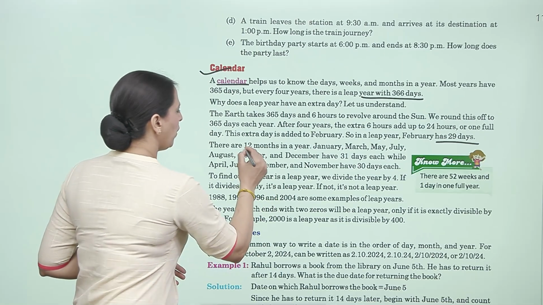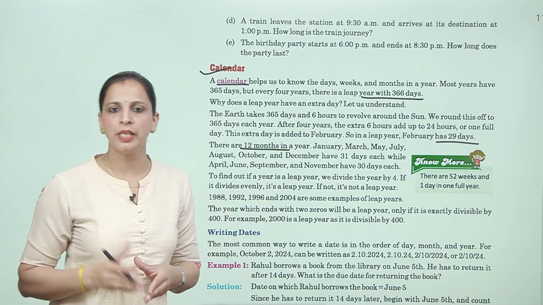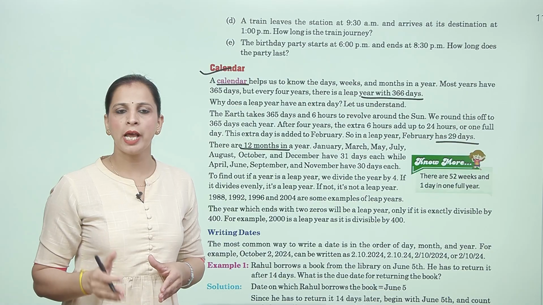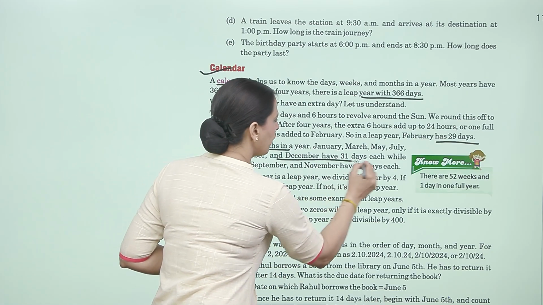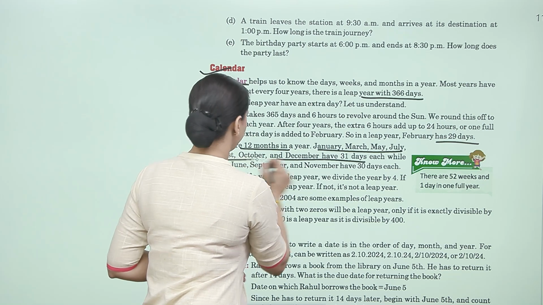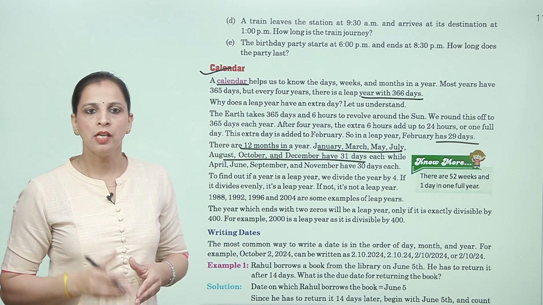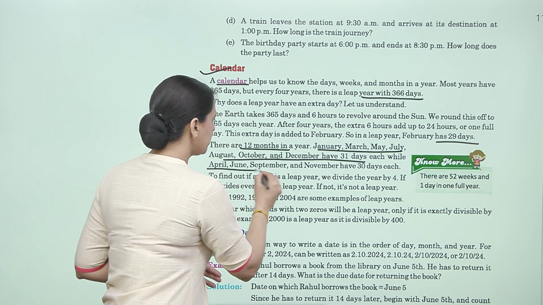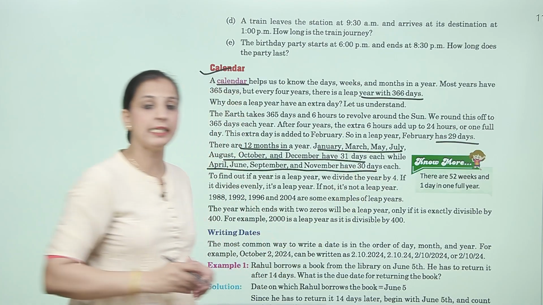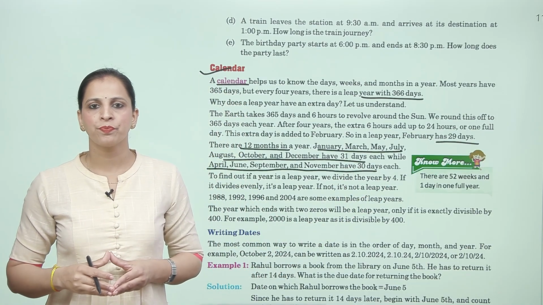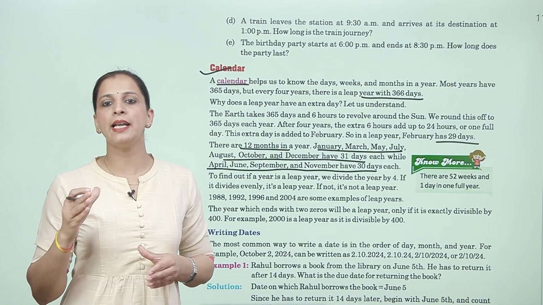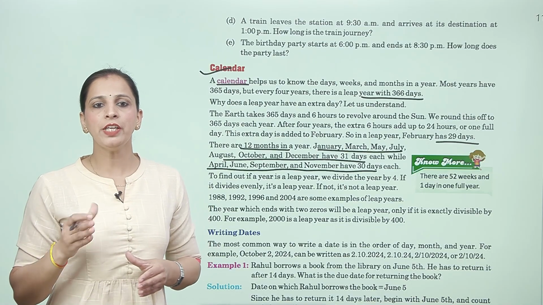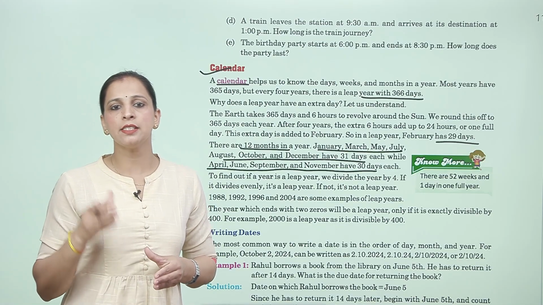There are 12 months in a year: January, March, May, July, August, October and December have 31 days each, while April, June, September and November have 30 days each. To find out if a year is a leap year, we divide the year by 4. If it divides evenly, it's a leap year.